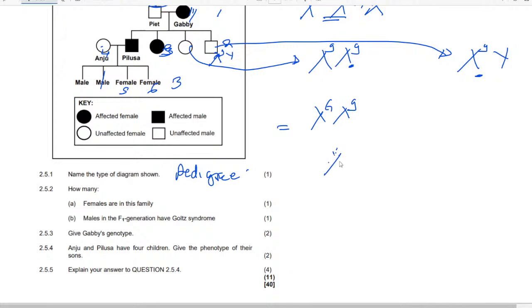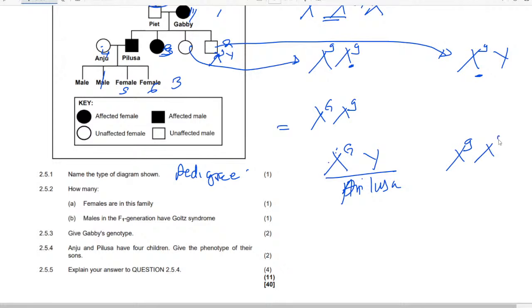Now look. Pelusa is a male, and is affected, meaning he has a capital G and a capital Y. But Anju is a female, and the condition is caused by a recessive allele, so she has no effect.